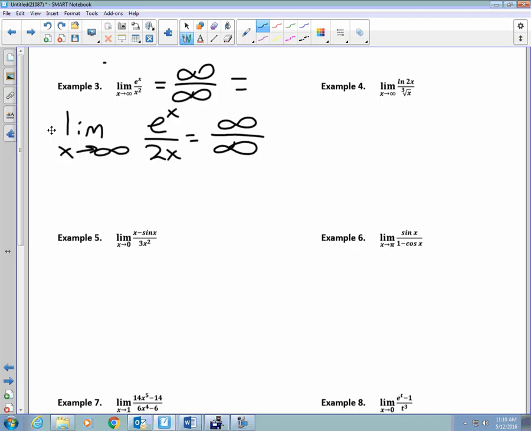Do it again. Derivative of e to the x. Isn't that just wonderful? Derivative of 2x, 2. E to the infinity is infinity, divided by 2. A very, very, very large number divided by 2 is still infinity.